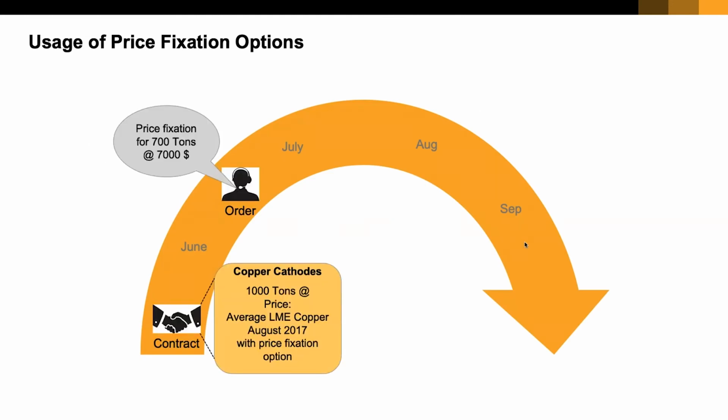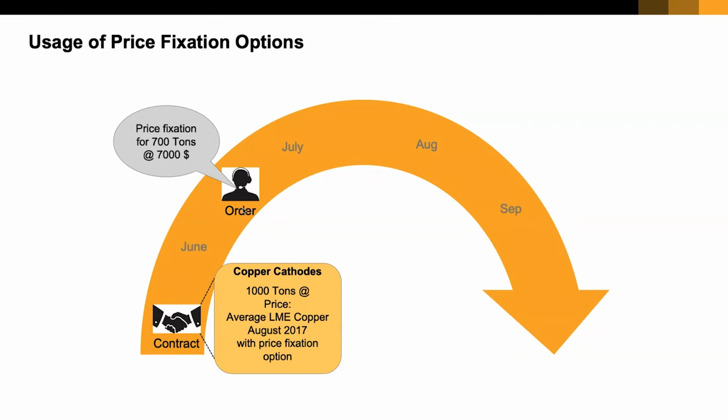So this is an example similar to what I was talking about. A contract is being created for 1,000 tons, and the floating price is the average of LME copper, right? And we have the option to do the price fixation on this. Now this is a floating price, right? We have not fixed the prices yet.